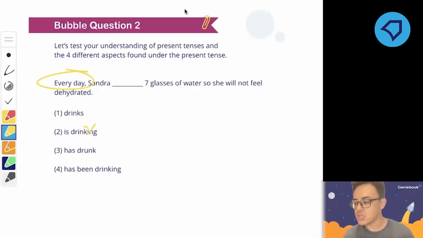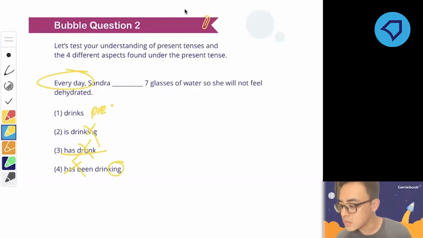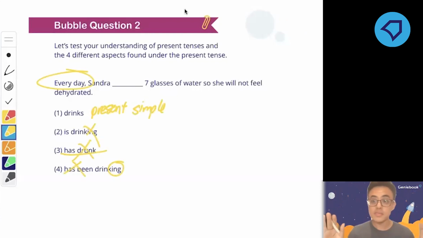So this has the ing, wrong. This has the present perfect tense, wrong. This has the ing, also wrong. So we just use the very simple present tense. Okay, present simple, I drink. Sandra drinks 7 glasses of water. Okay, so we use the present simple.